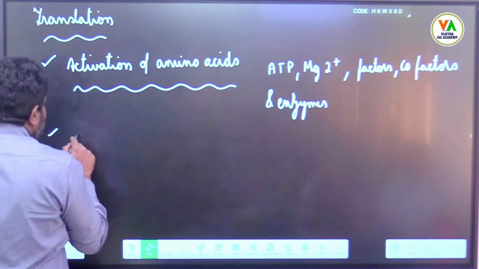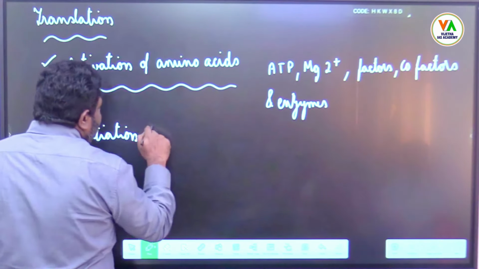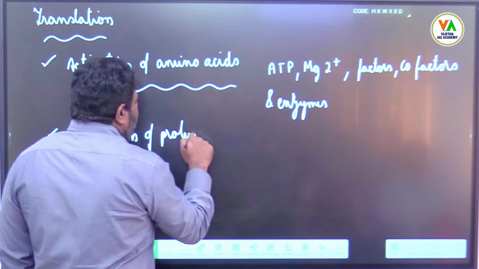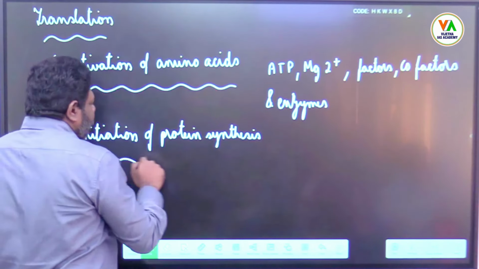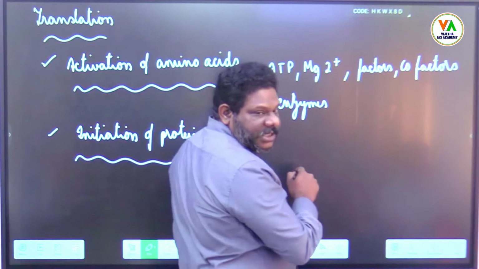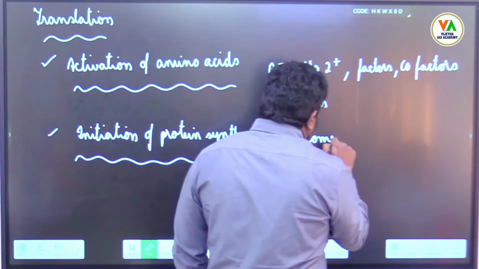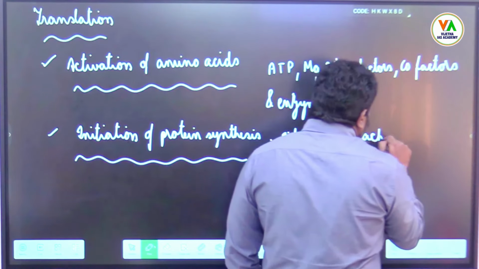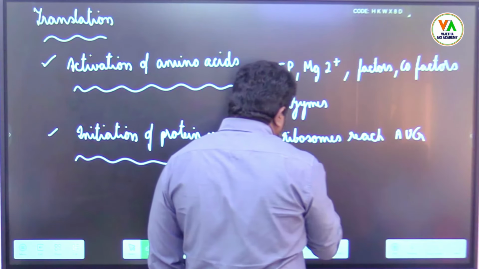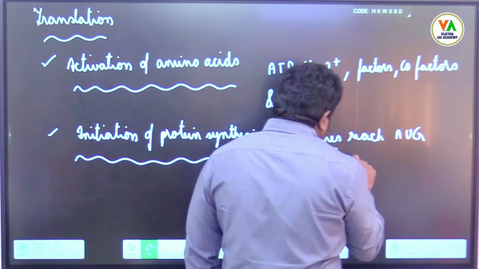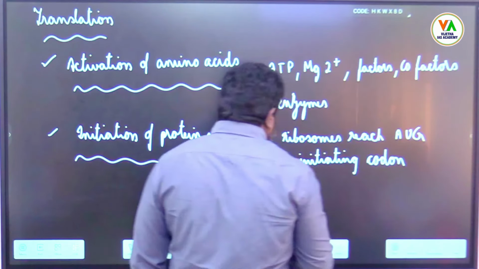Then after activation of amino acids, we have initiation of protein synthesis. How does initiation of protein synthesis take place? When ribosomes reach AUG, which is an initiating codon, protein synthesis starts.